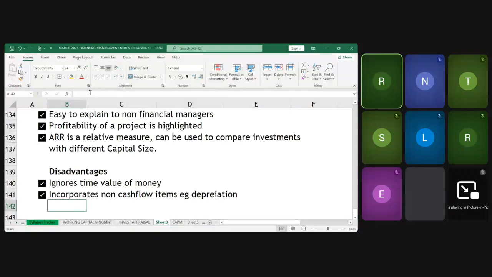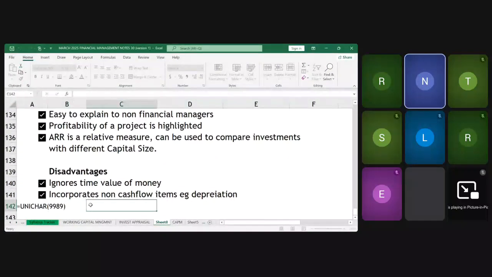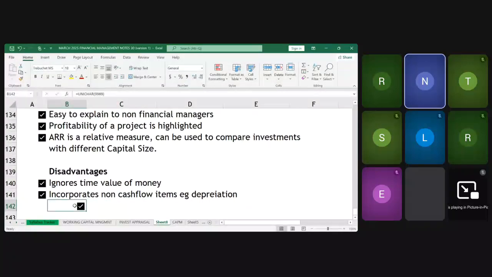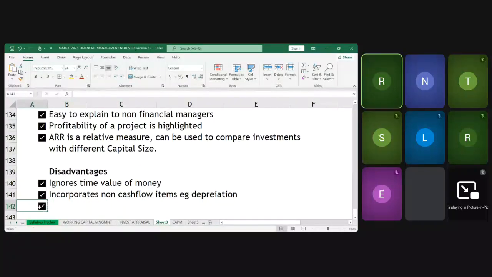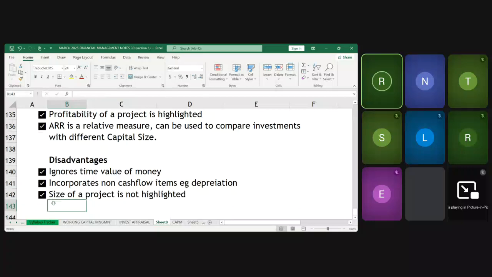Any other disadvantage? Size of the project is not highlighted here. We are not going to highlight size of the project. Let me put there, size of a project is not highlighted. That's another disadvantage of us using ARR.